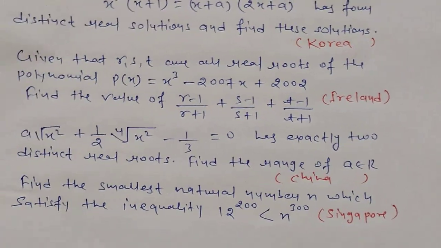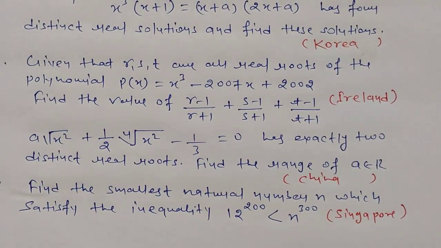Now in problem number 4, the equation a square root of x square plus 1 by 2 fourth root of x square minus 1 by 3 is equal to 0 has exactly two distinct real roots. Find the range of a, where a belongs to the real numbers.